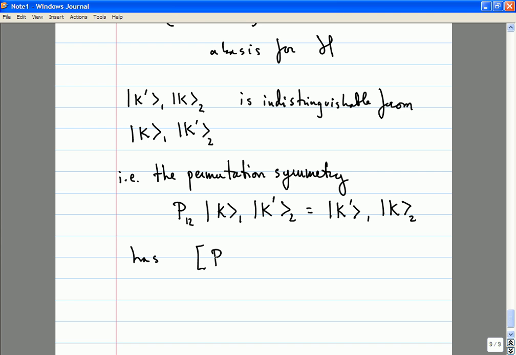The statement that we have two identical particles is the statement that the Hamiltonian commutes with this permutation operator.